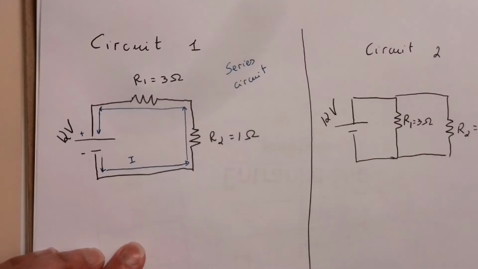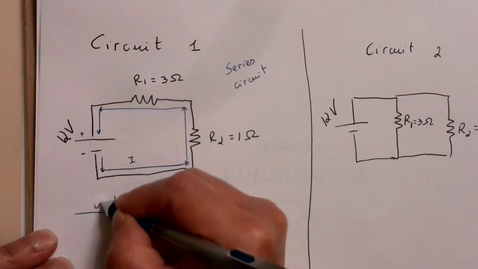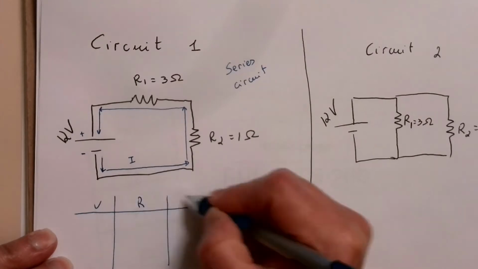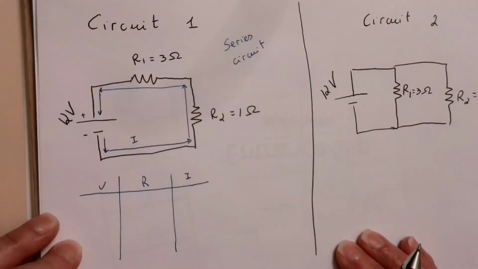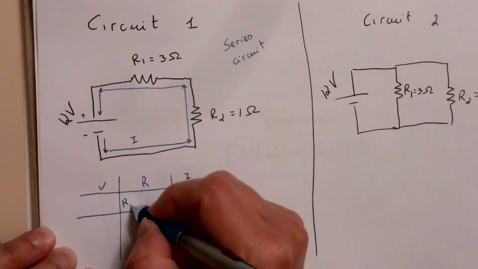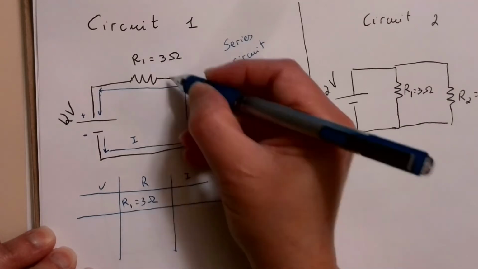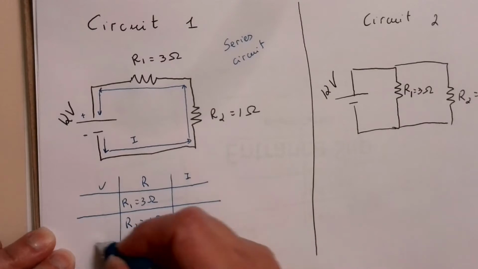So once you know that your circuit is a series one, then you need to come up with a table, right? The VRI. Okay, make sure you label everything for points, guys, and make sure that you put your units everywhere they belong. So here you have R1, which is 3 ohms according to the data that I gave you. R2 is equal to 1 ohm according to the data.